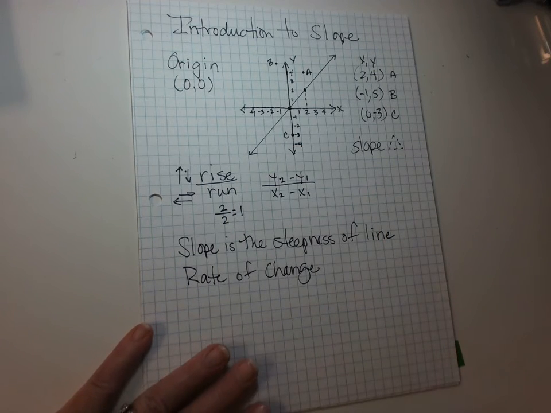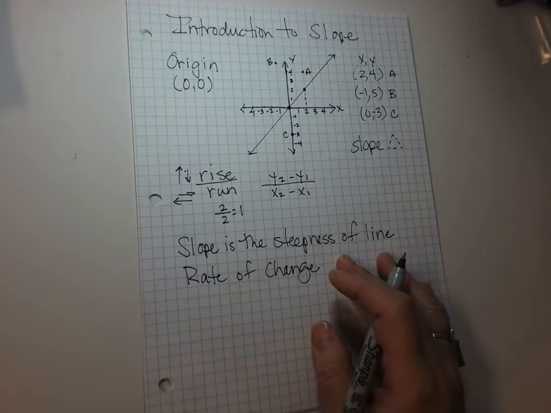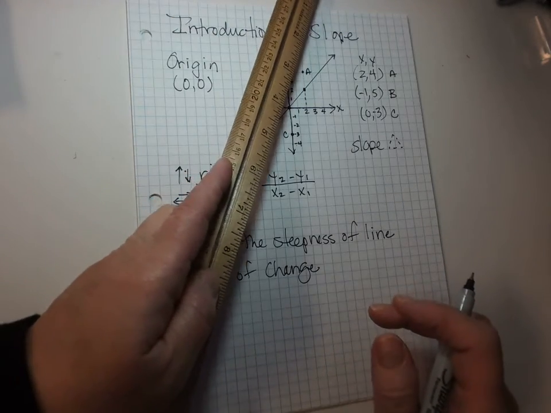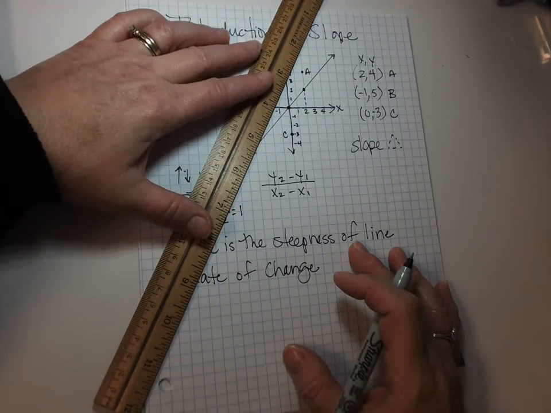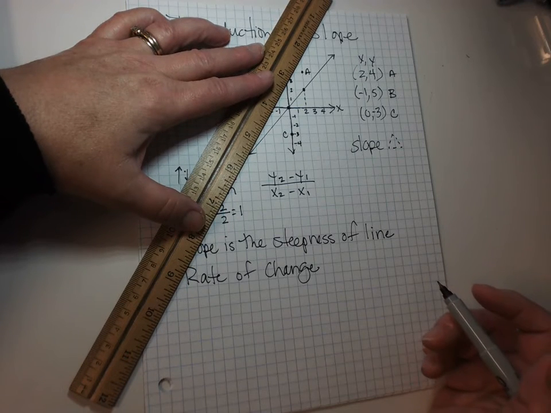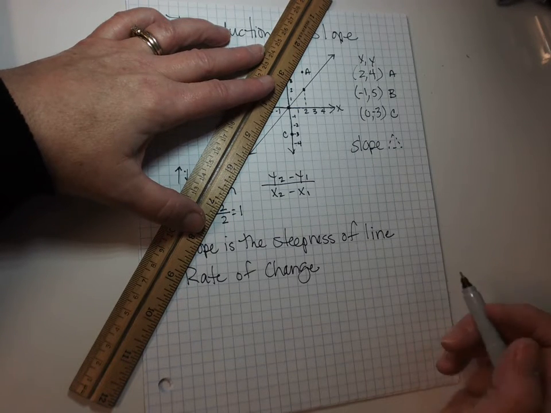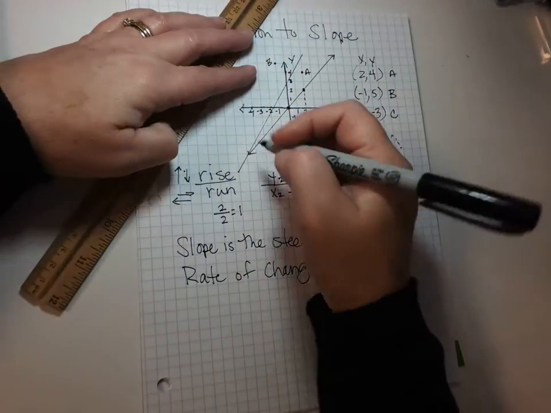Okay, so let's look at a different line. It doesn't have to be through the origin in order to make a straight line. Let me just do one here.